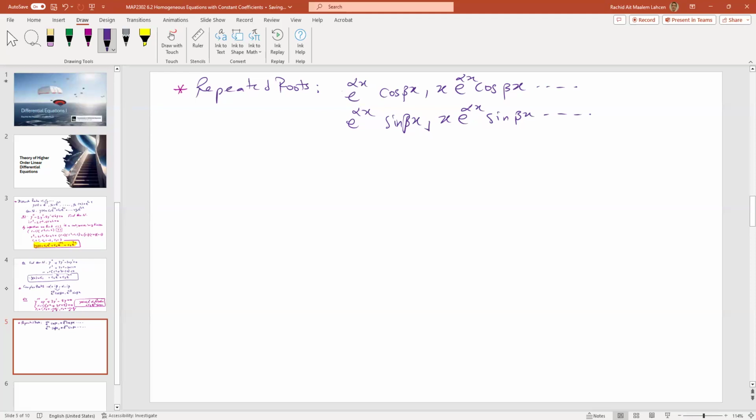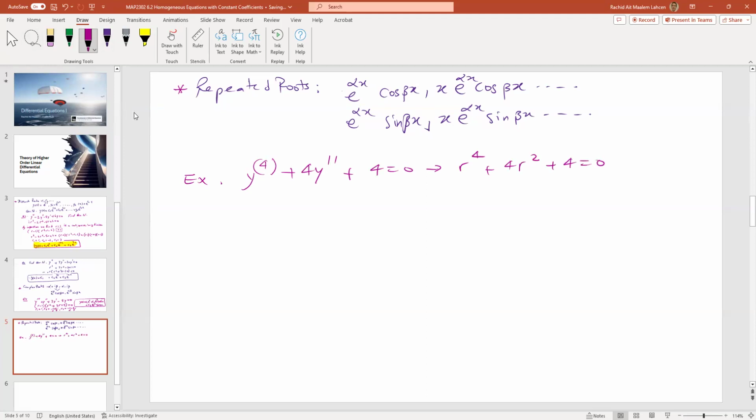All right, let's give you an example. Let's pick this fourth order. So the auxiliary equation gives us this. Then you're like, how do I solve this?